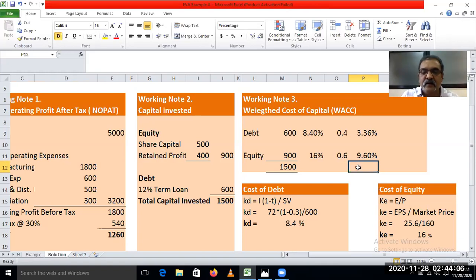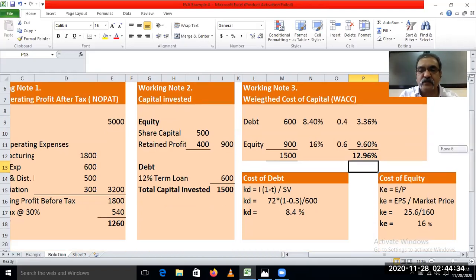Now the total weighted average cost of capital is 3.36% plus 9.6%, that comes to 12.96%. So this is our weighted average cost of capital, or WACC. So here we have got all the three components: net operating profit after tax 1260, capital invested 1500, and weighted average cost of capital 12.96%.